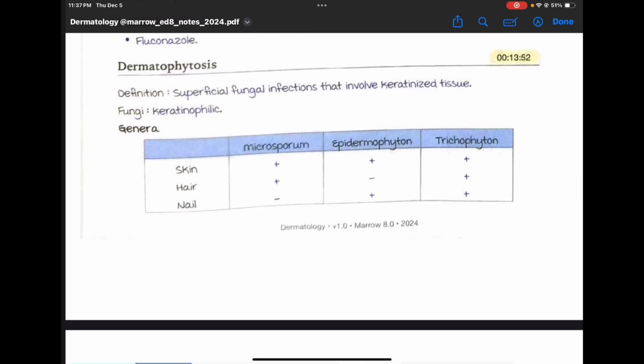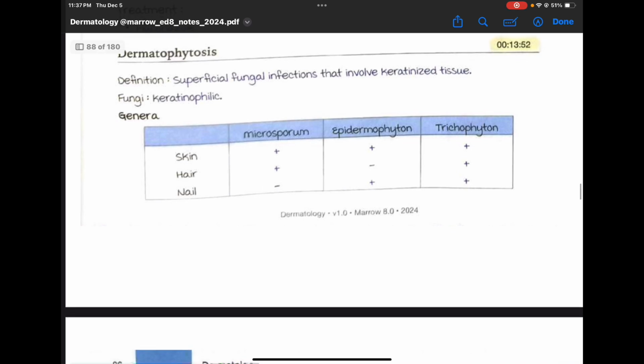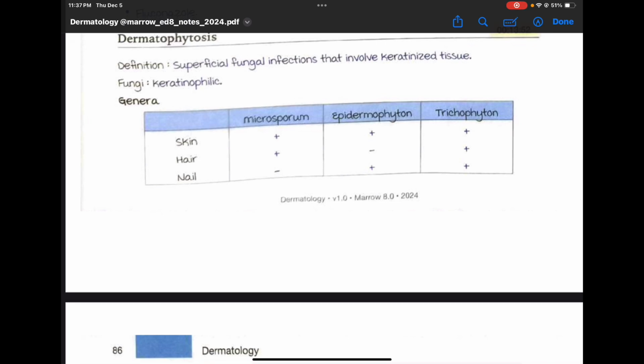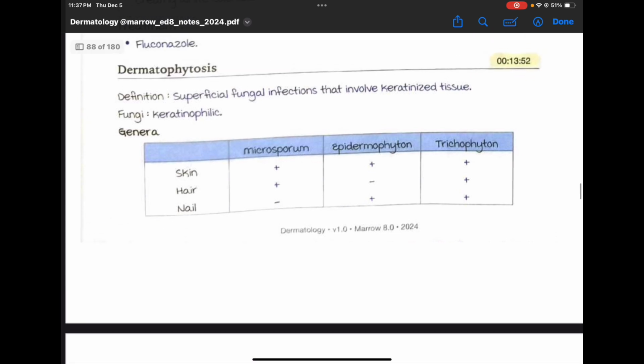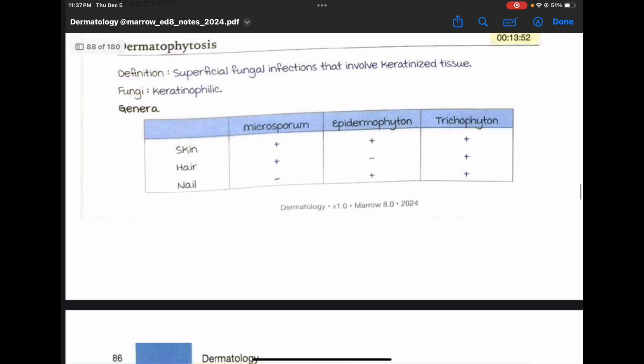Dermatophytosis. Definition: superficial fungal infections that involve keratinized tissue. Fungi, keratinophilic genera. Skin, hair and nail. Microsporum, Epidermophyton, Trichophyton.